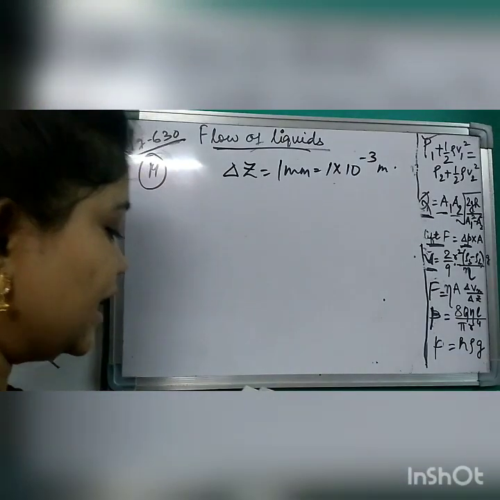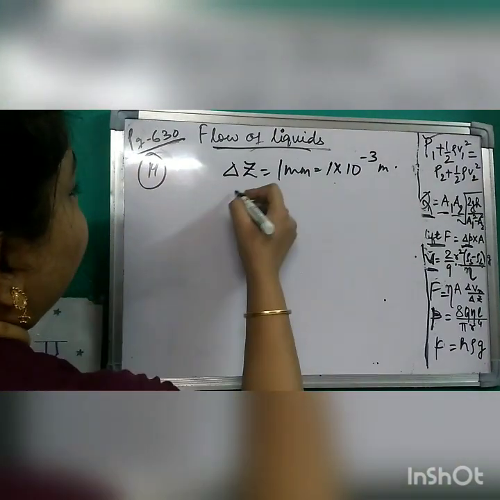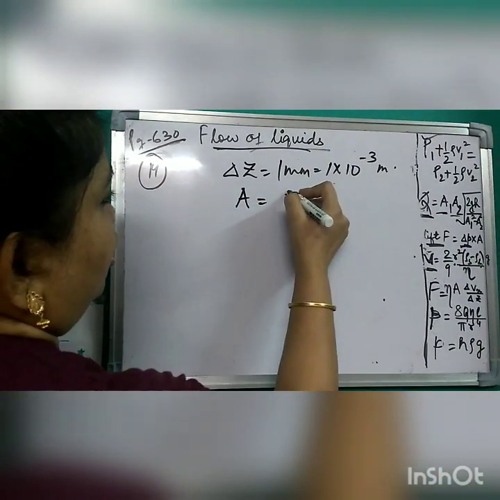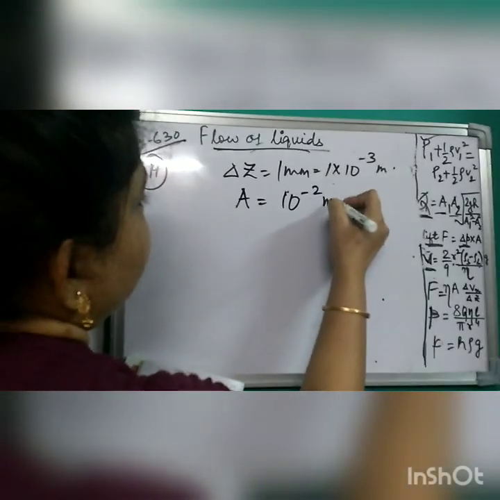Okay, next, the area of the flat plate is given as 10 to the power of minus 2 meter square.